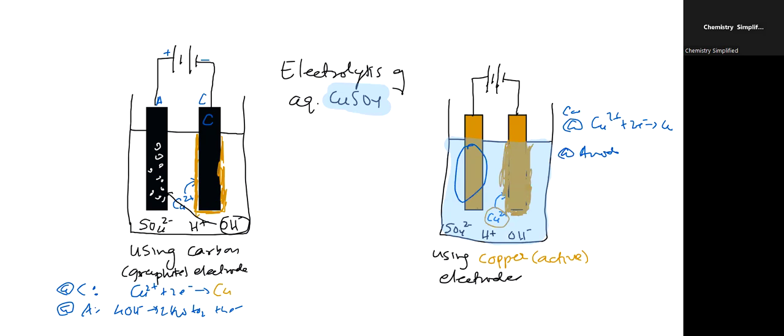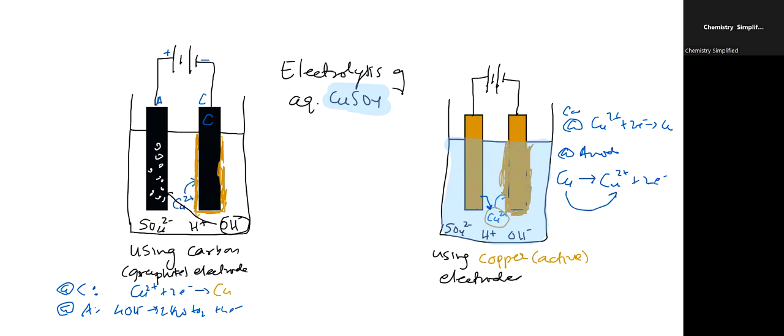So the reaction will be copper losing electrons, and these are the lost electrons. These are the copper ions which are formed. So over here, copper atoms are being dissolved into the solution. So here copper ions will dissolve from the anode into the solution.